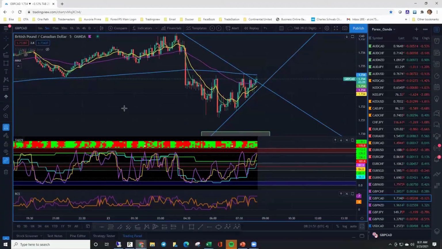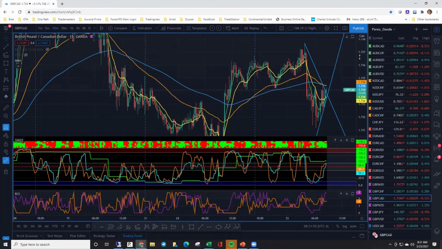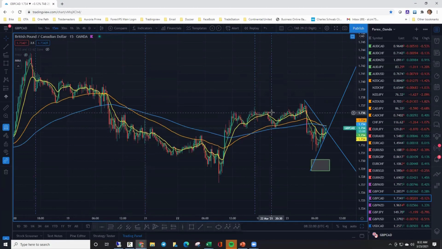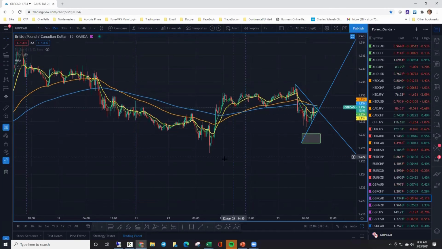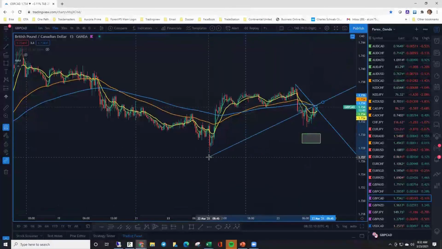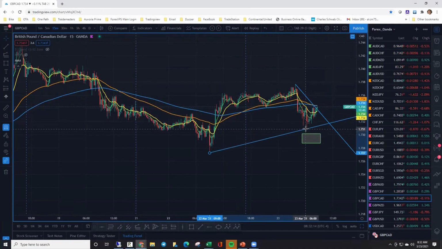Let's see what it looks like on a 15-minute chart here. Strong move up, pacing, came back down. Here's our trend. I like this trend line better right here, there to here on a 15-minute chart.